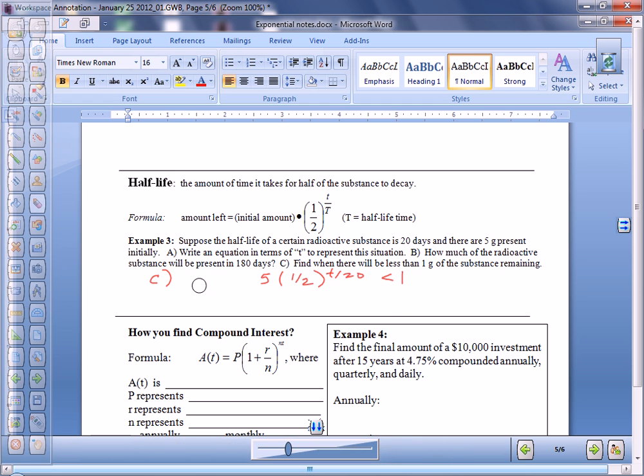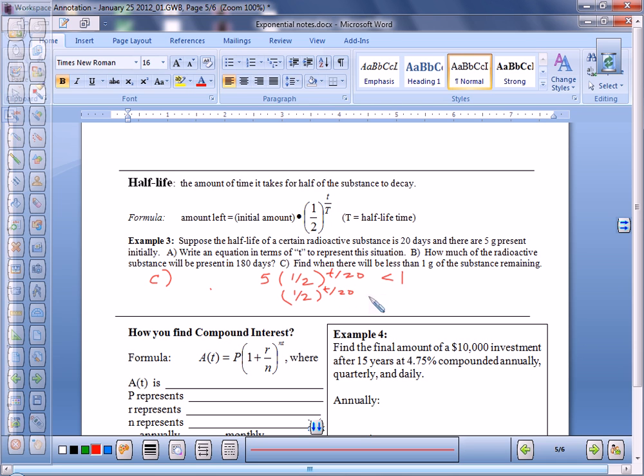We want to know where it'll be less than 1 gram. First thing I have to do is divide that 5 out. And then take the natural log of both sides, and when I do, the t divided by 20 comes out in front. We get natural log of 1/2 is less than natural log of 1/5.